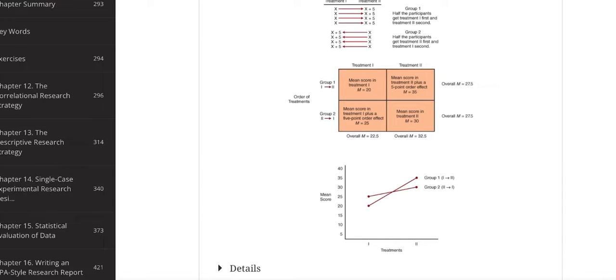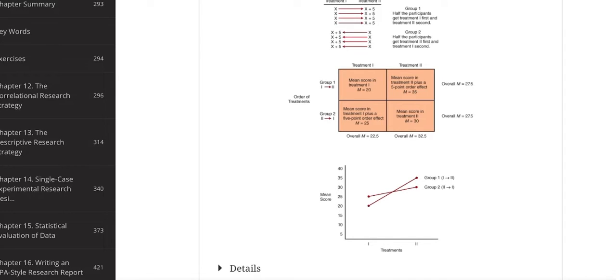So that means for them, treatment 1 was 5 points higher than it originally was for them because treatment 1 was last for them. So because the order effect was the same for both groups, they kind of balance each other out, which is why it doesn't look like there's a main effect for order of treatments, but there is an interaction, of course, there, because obviously there were order effects here.